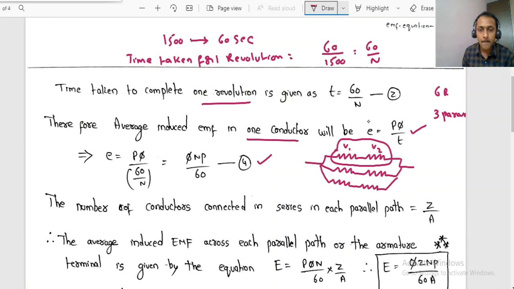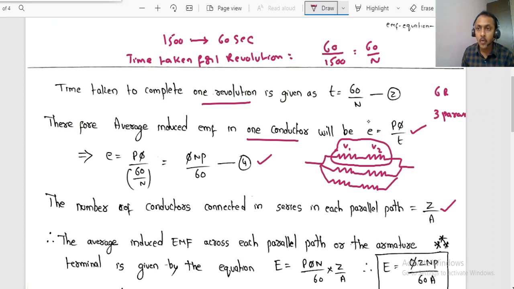Here also the total number of conductors is Z. Obviously the number of parallel paths is A. Then how many conductors will be in series? That is important. Z divided by A. Very, very important. Z divided by A conductors are in series.